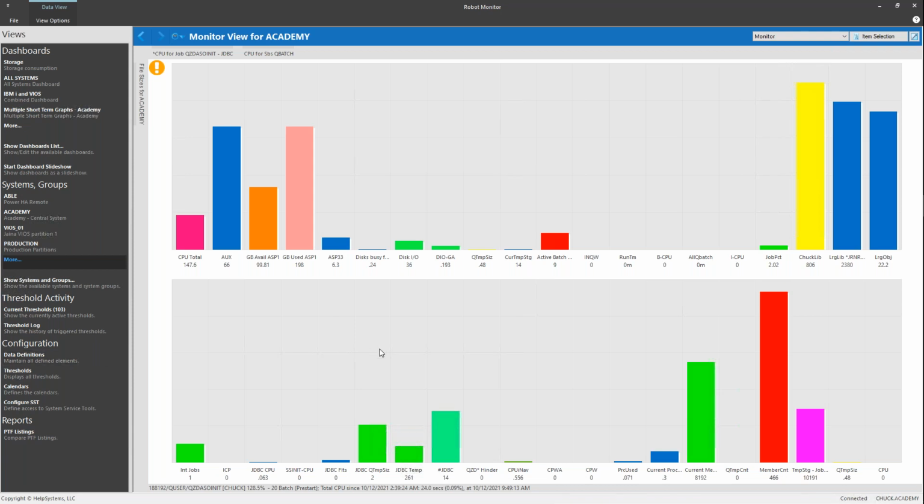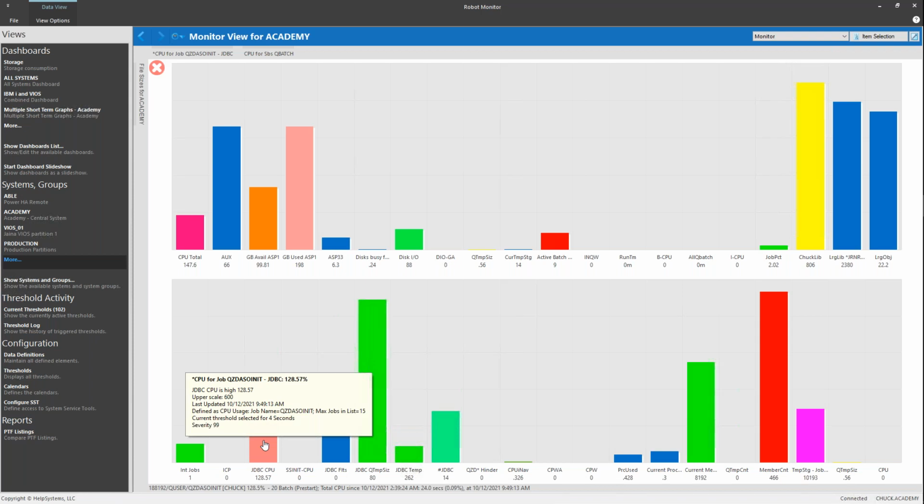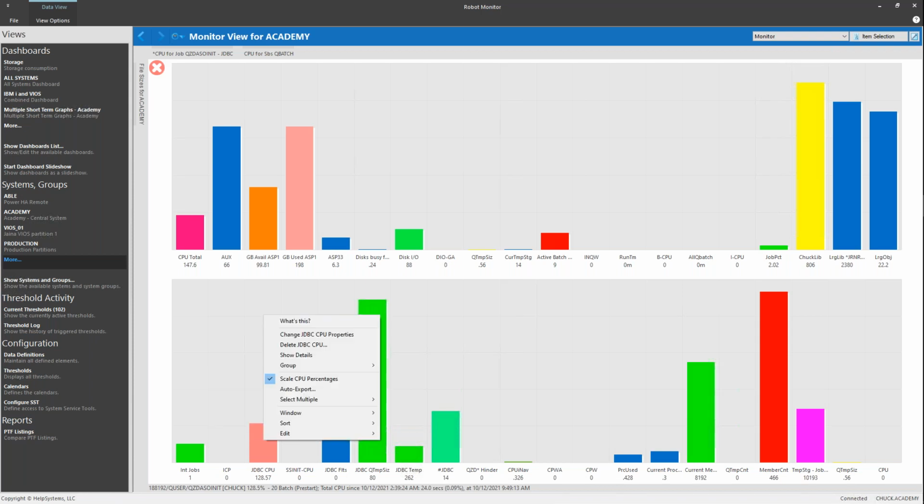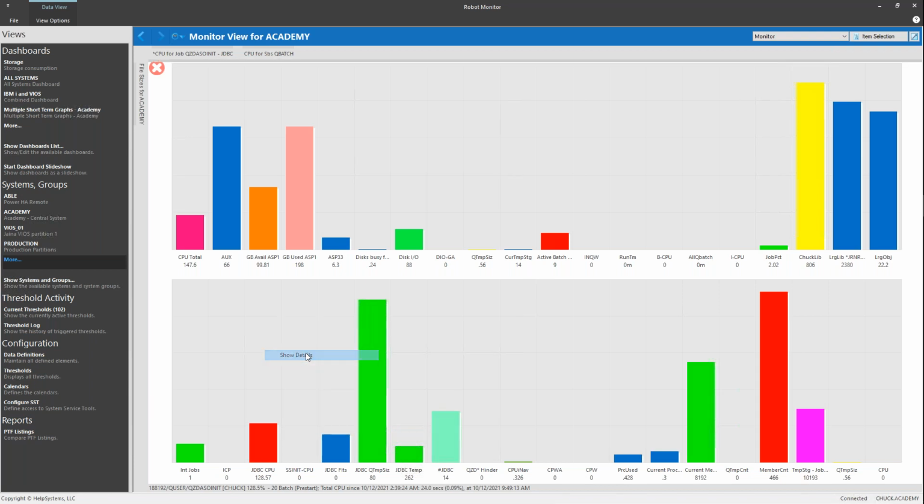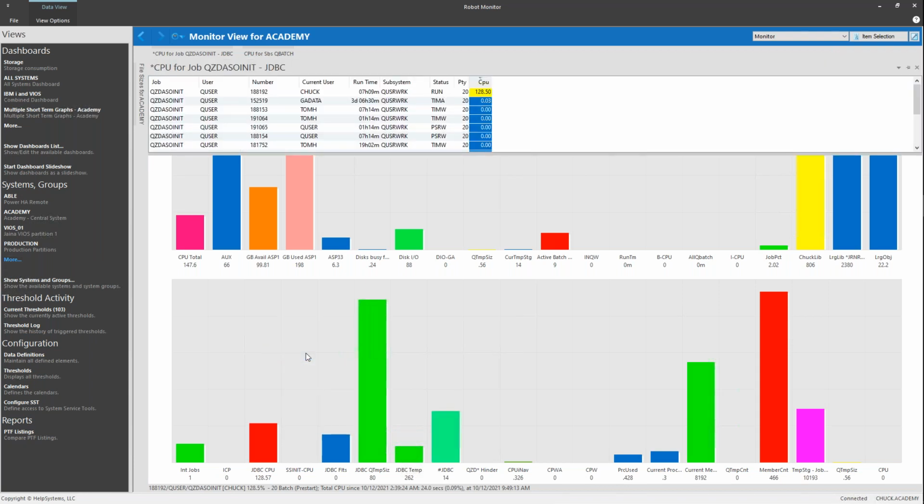What are we monitoring? All right, so we've got data showing up on our single partition view. For instance, right now we've got CPU that's increasing, and right down here it says JDBC CPU is at 128%. Huh, well that's interesting. Let's just drill down into that and see what's going on. All right.